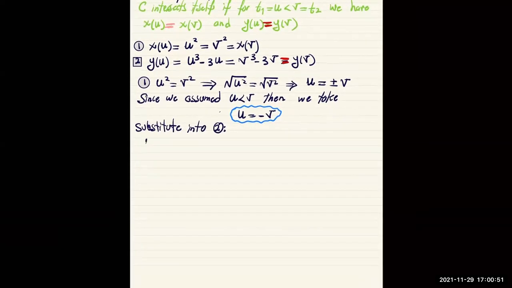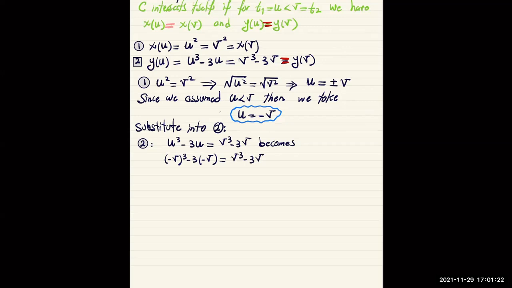Every time here you see a u, make that a negative v. Let me write this down. So second equation is u cubed minus 3u equal to v cubed minus 3v, and this becomes negative v cubed minus 3 times negative v, equal to v cubed minus 3v.